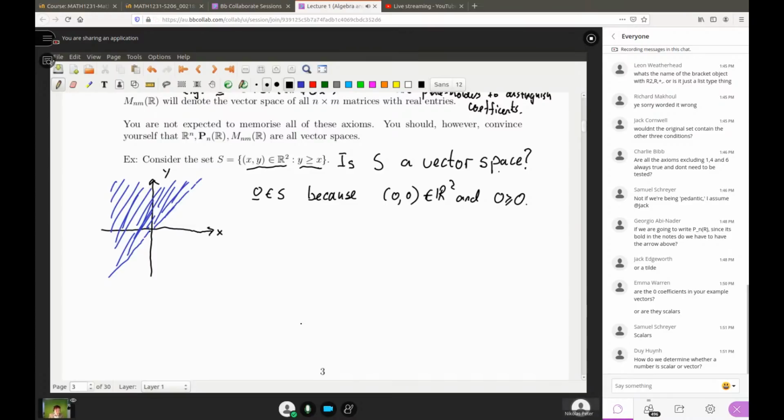Good. So now we're just showing that this set does satisfy, hence S satisfies axiom 4. That's the existence of 0.